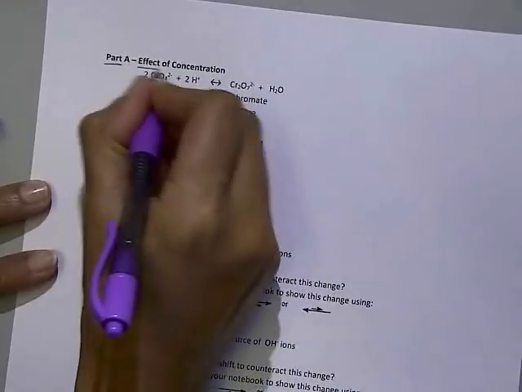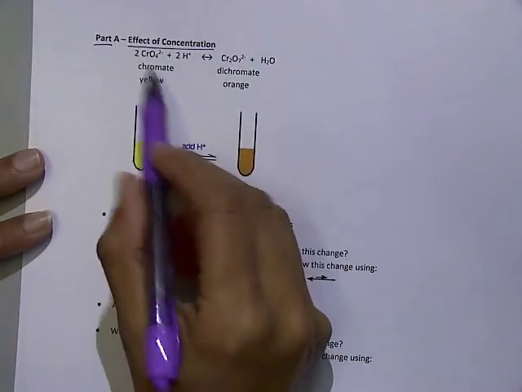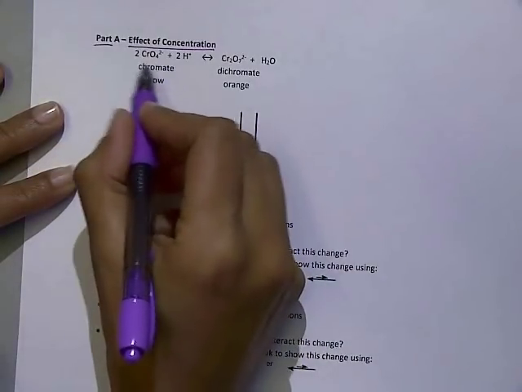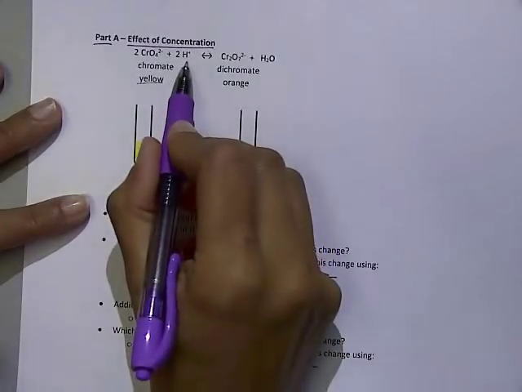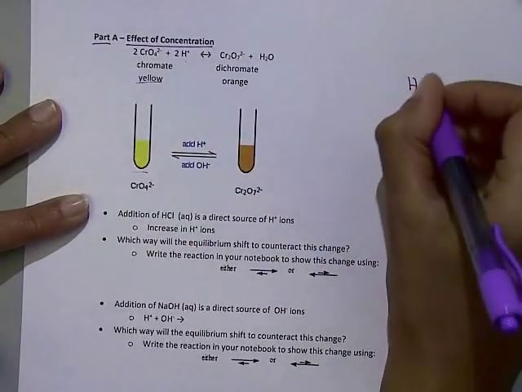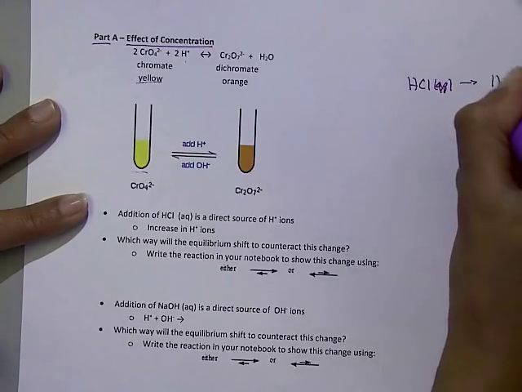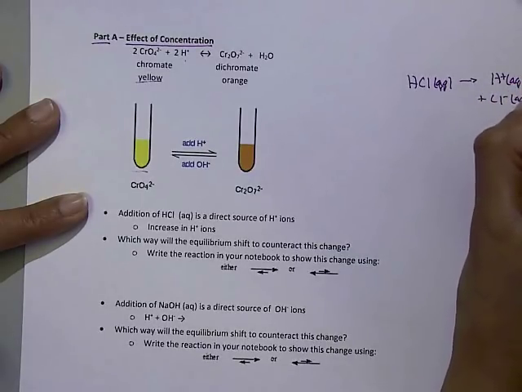So part A, as I mentioned, looks at the effect of concentration. Here you have a chromate ion reacting with hydrogen ions that are present from adding HCl. So initially your chromate here is a yellow solution. When we add acid to this, so HCl aqueous, what really exists in solution is hydrogen ions plus chlorine ions, right?